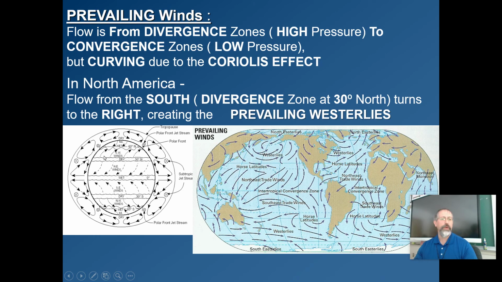We tend to have winds going from this divergence zone to the convergence zone north of our country, and they curve to the right a little bit to give us prevailing westerly or southwesterly winds. So you can see across our continent, same deal, all at that latitude. Now, mountain ranges can get in the way, and big land masses or big ocean areas can adjust the winds a bit. These are just general normal patterns.